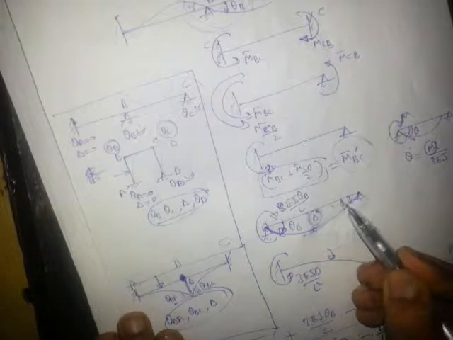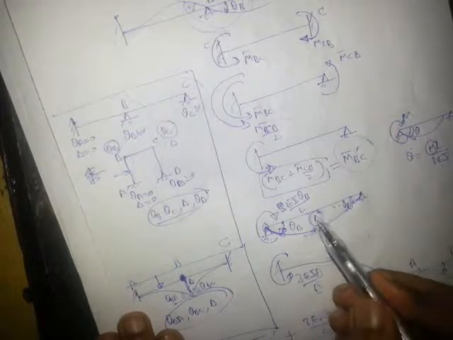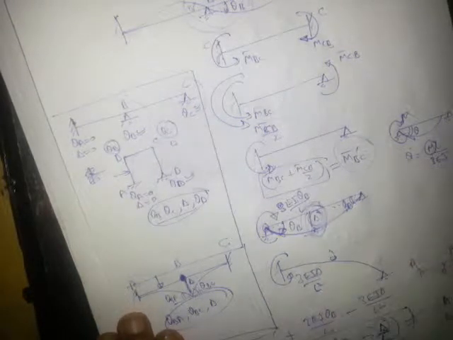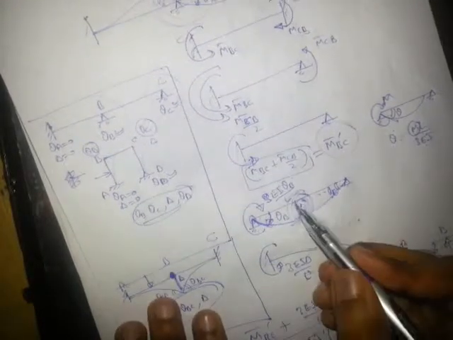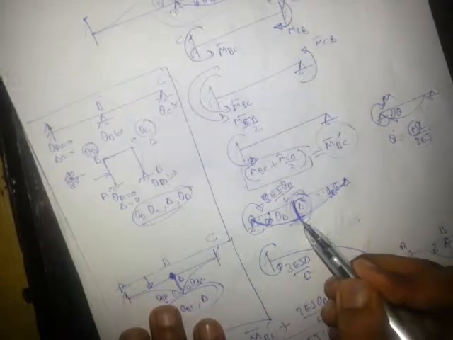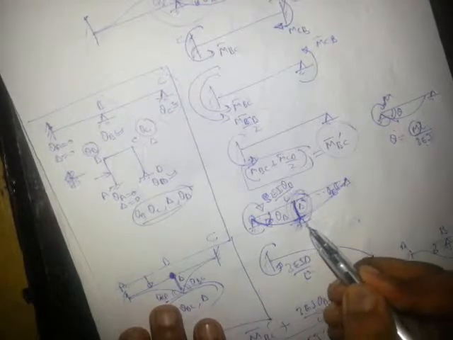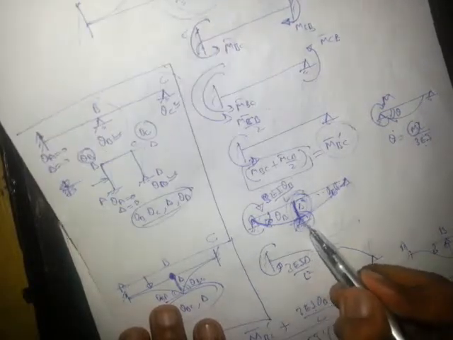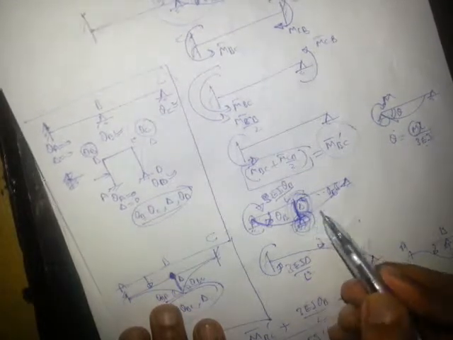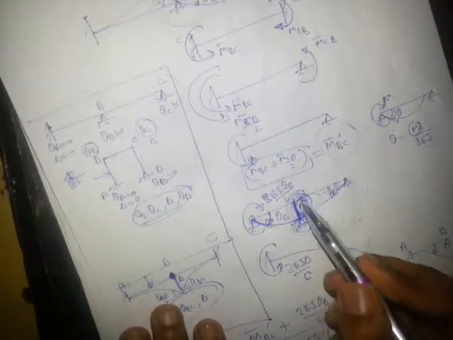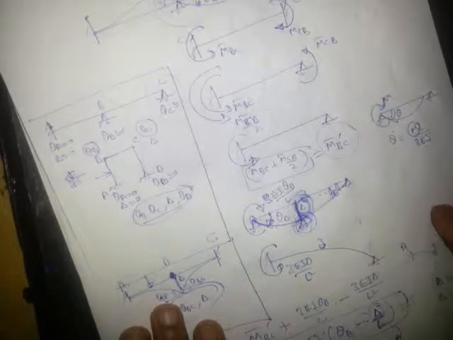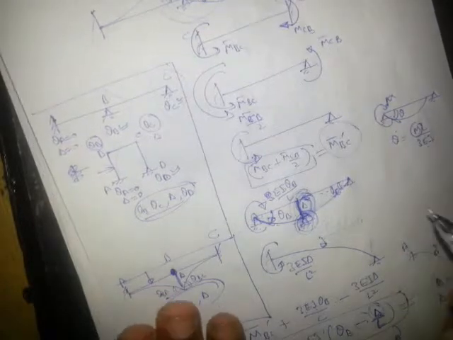This joint has only theta, theta C, this is theta B, but we are not taking this point as a joint. But if someone asks me to calculate this delta, then in order to calculate it, I will have to take this as a joint, and only then can this delta appear in my equations. Otherwise this delta cannot appear, because the theta and delta of joints appear, not of the entire beam or entire column. Understand?